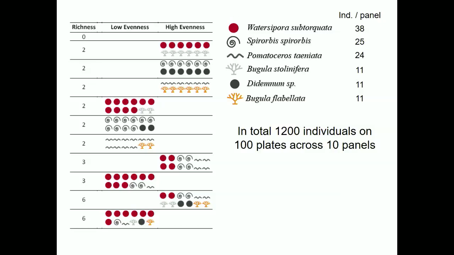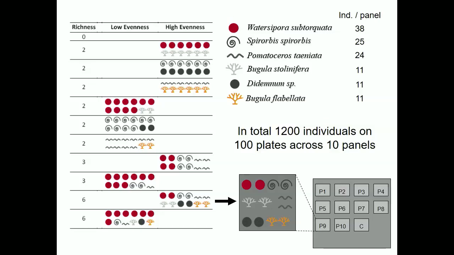So we had to cut 1,200 individuals or individual colonies of the same size for the same species at the same time and superglue them together to make communities. So this is panel design number 9. So you have 6 species here, 2 of each, so high evenness, or in fact max evenness.